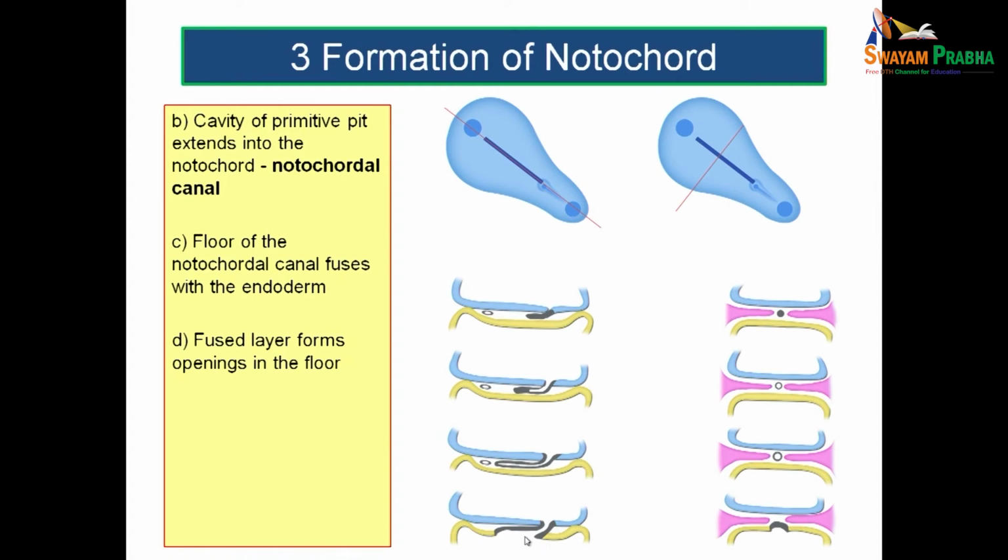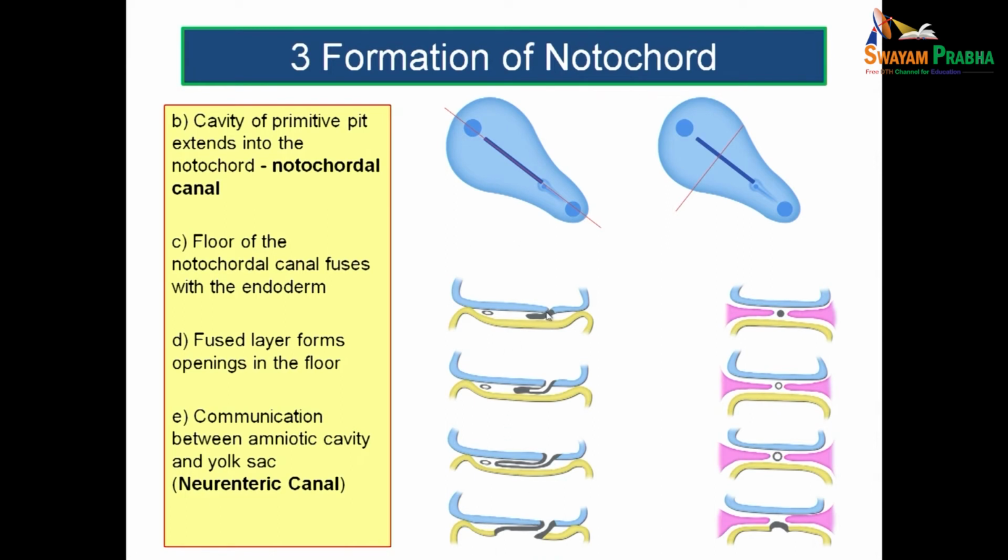So what happened as a result of this fusion? You can see a communication developed between the amniotic cavity above and the yolk sac below. Okay, so the communication is established between the amniotic cavity above and the yolk sac below. So this canal is known as the neurenteric canal.